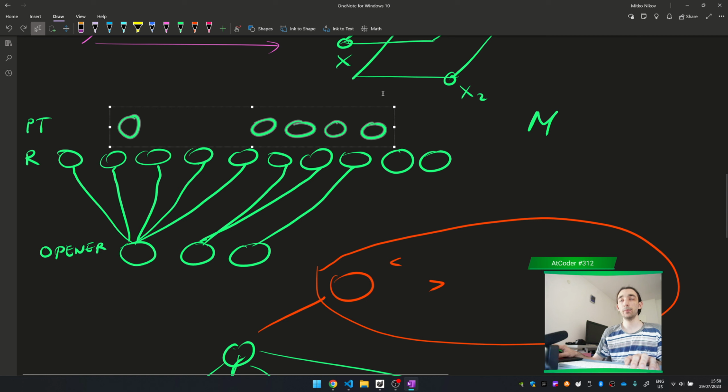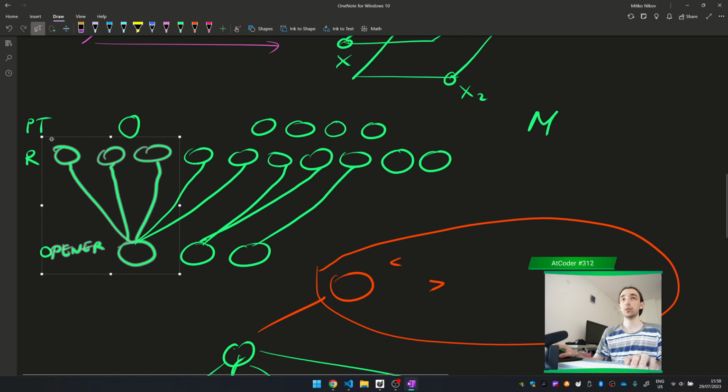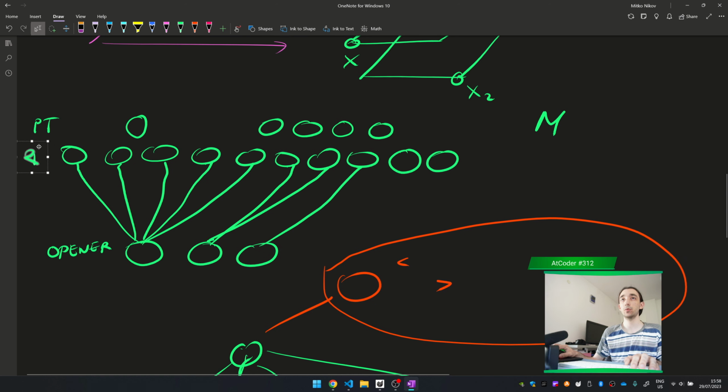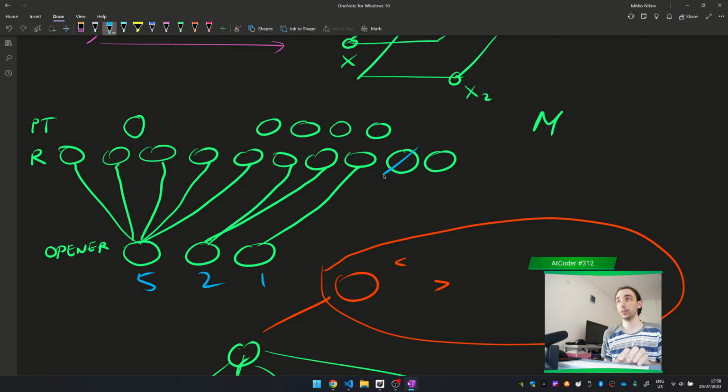I buy as many as we can, then with the leftovers I buy as many of the R cans as we can, with the openers always sorted with the biggest opener first. If it can open 5 cans, then this one 2 cans, and then this 1 can. I just delete the other things here that can never be bought, because there are not enough openers to buy them.